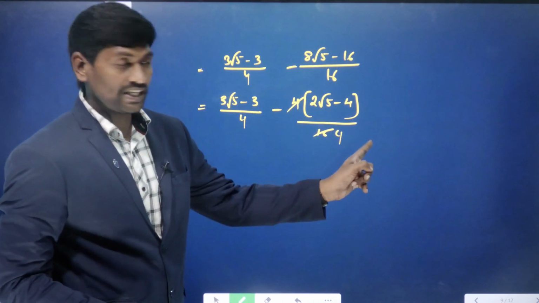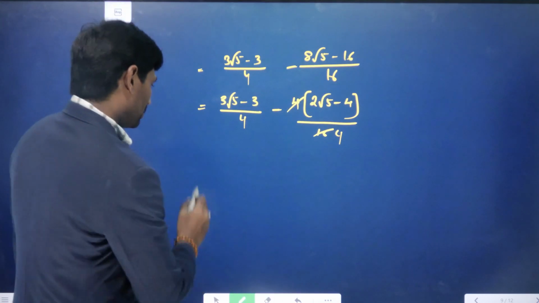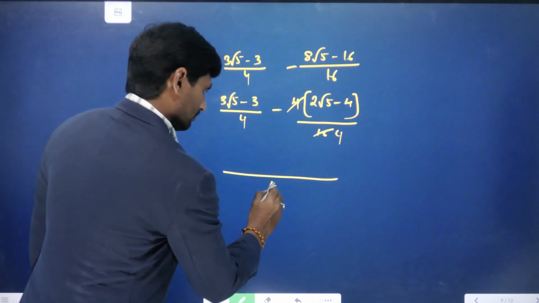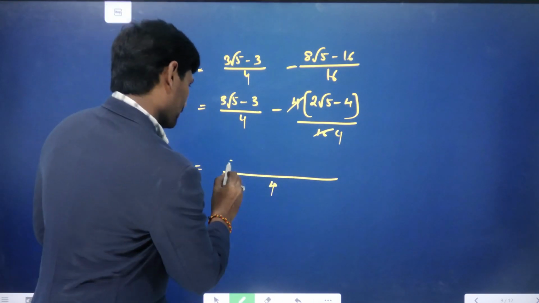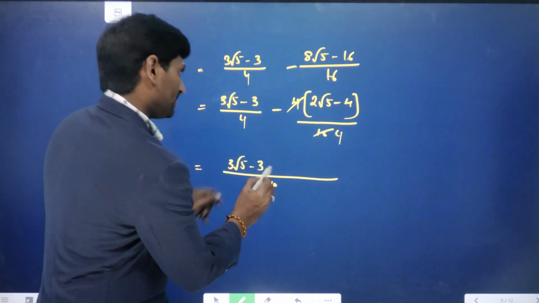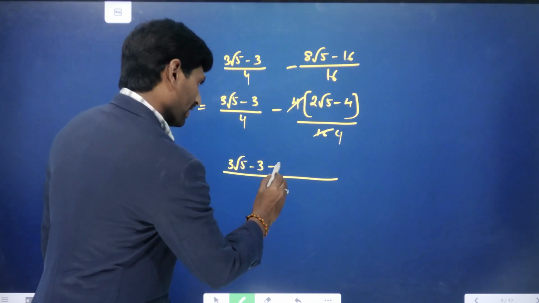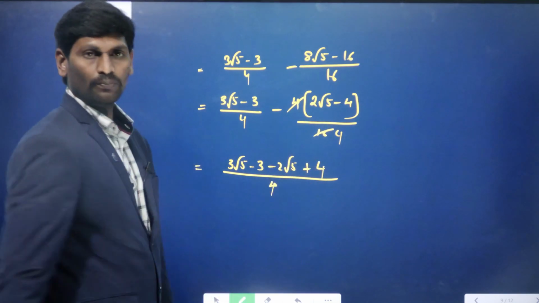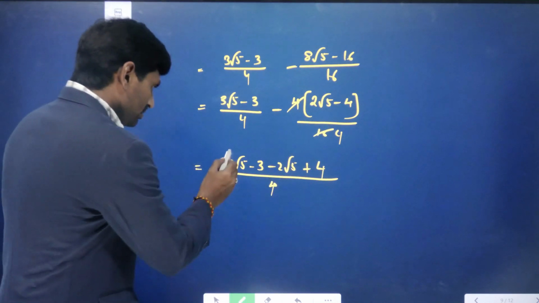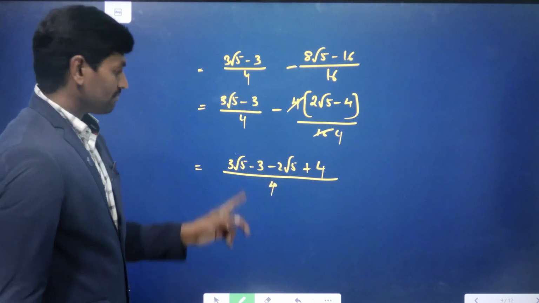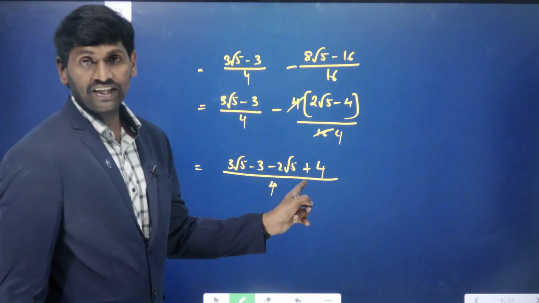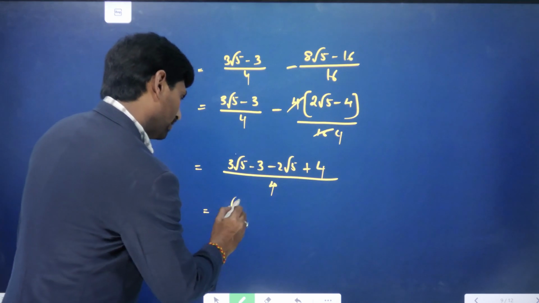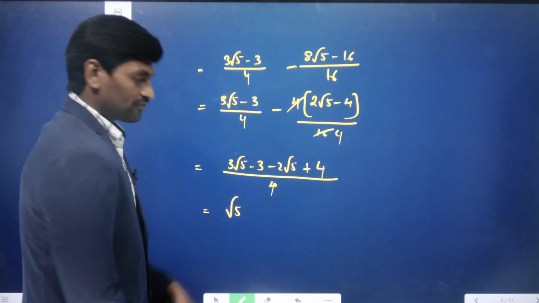Both the denominators are the same, so we can directly add the numerators. So this is 3 root 5 minus 3 minus 2 root 5 plus 4. 3 root 5 and 2 root 5 are like terms, one is positive, second one is negative, subtraction. It will be root 5. Minus 3 plus 4 means 1.